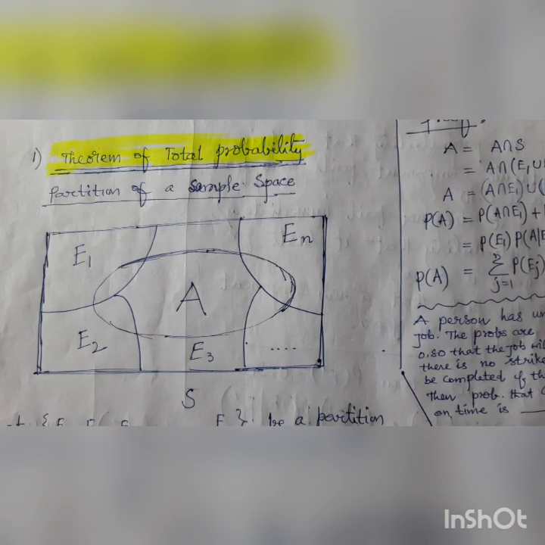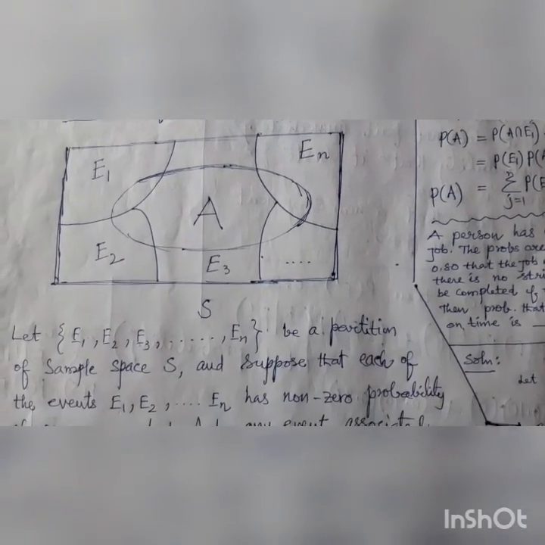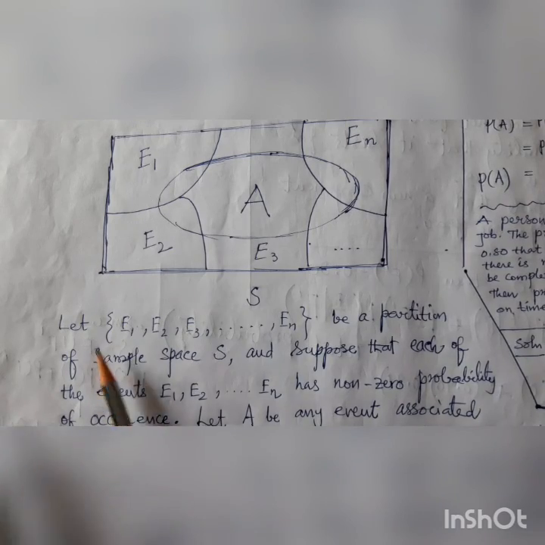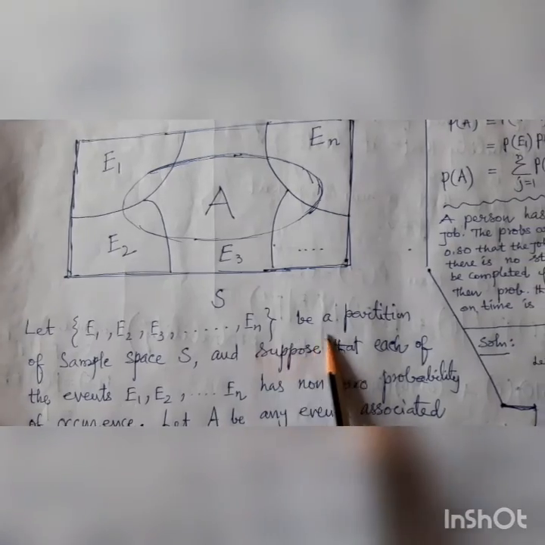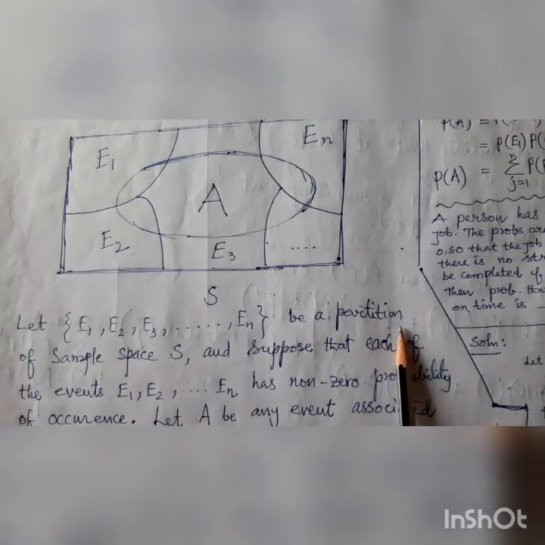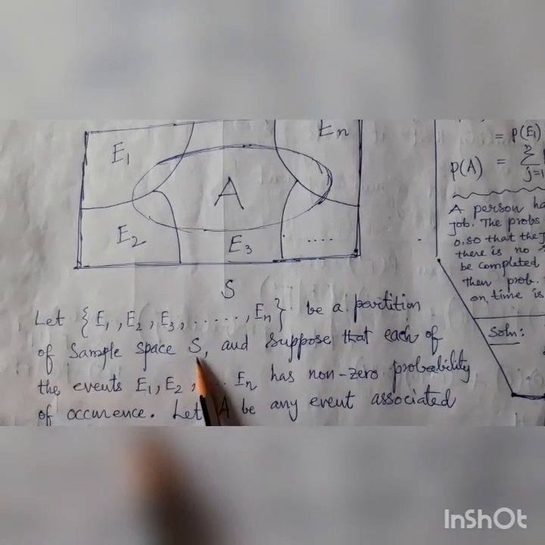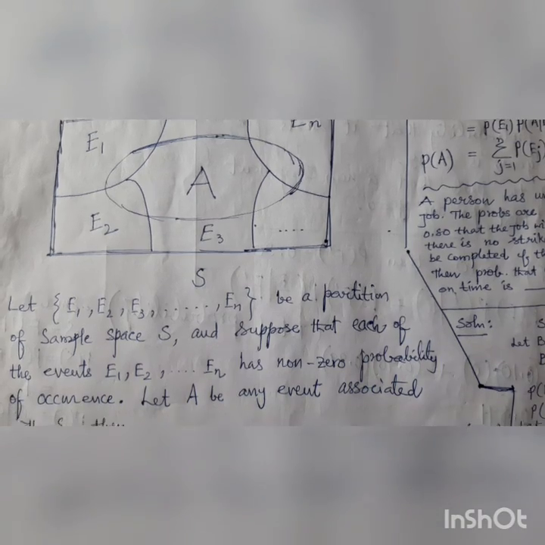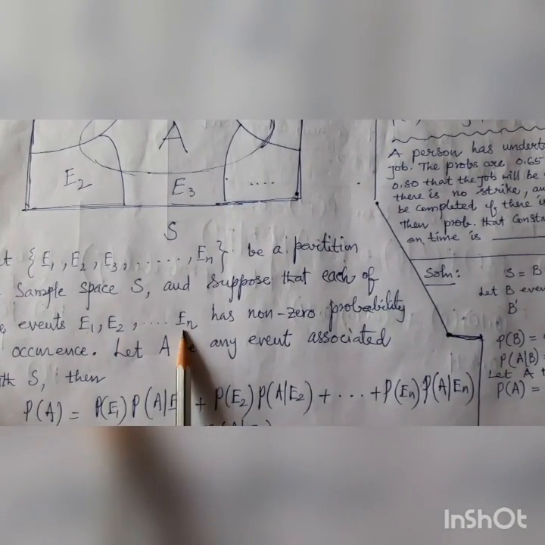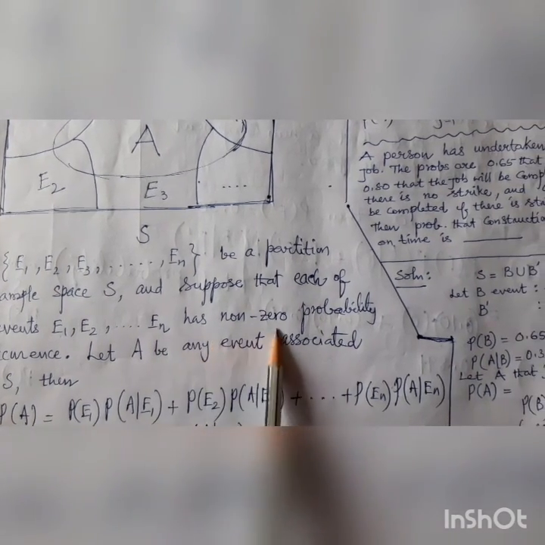Let E1, E2, E3, so on, En be a partition of sample space S, and suppose that each of the events E1, E2, so on, En has a non-zero probability of occurrence.